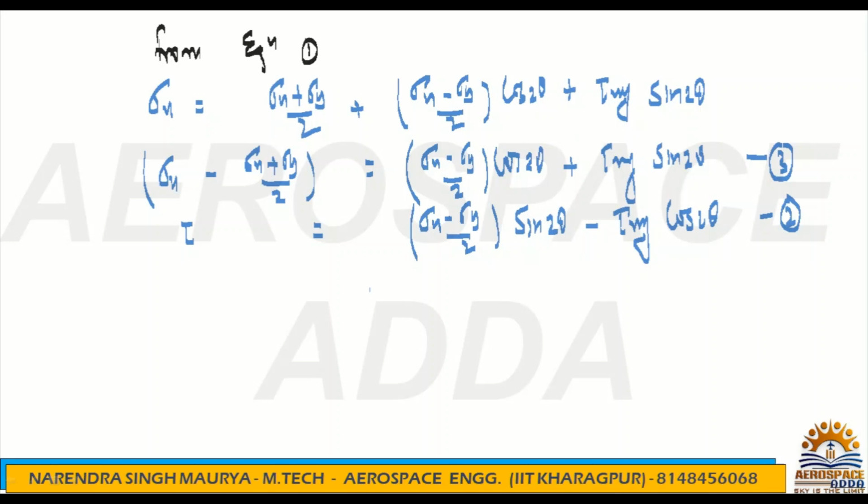Simple, we can take equation first, which is nothing but sigma n minus sigma x plus sigma y by 2. You can also write this as the sigma average. Okay, this sigma x plus sigma y by 2, it is the average.